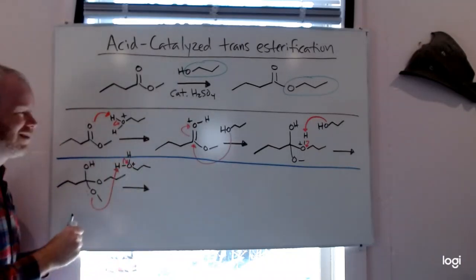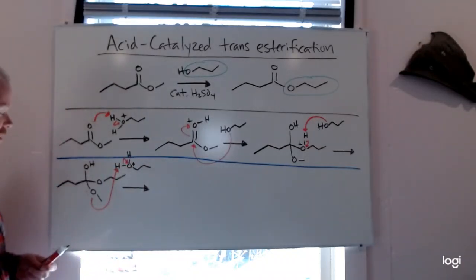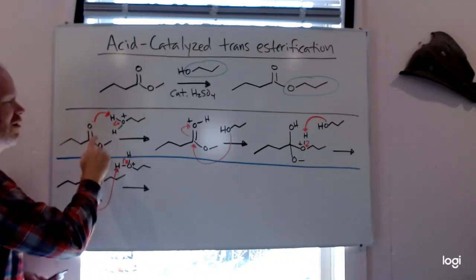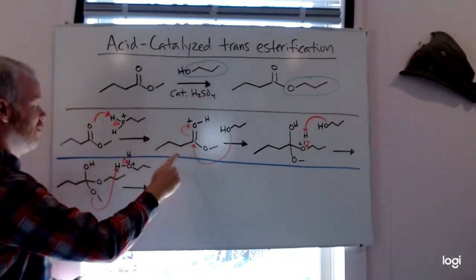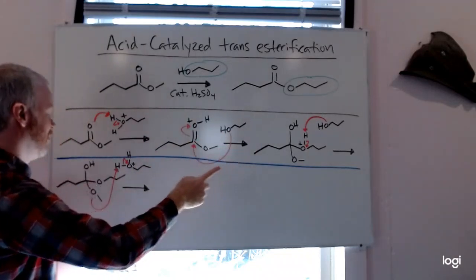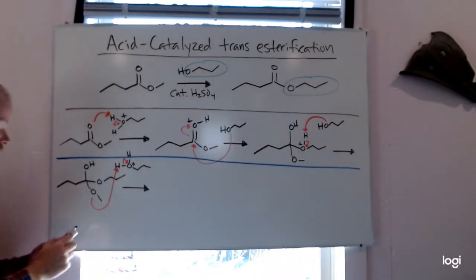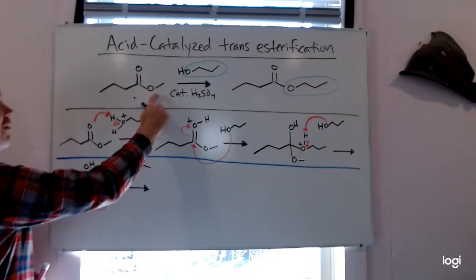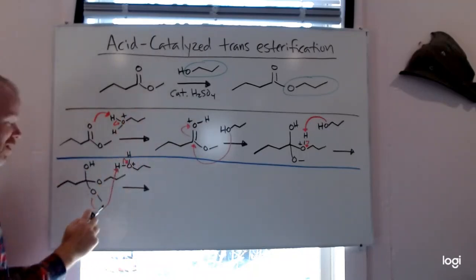Right, so again, there's a lot of steps, and we're not done yet, but I needed to activate the carbonyl to make this reaction happen. Right, then clean up with an extra proton transfer. I need to activate this extra methyl ester, because otherwise it's not going to be able to be removed.